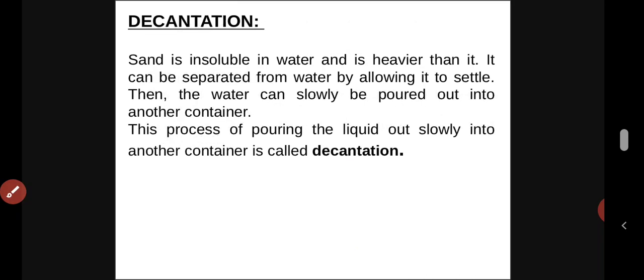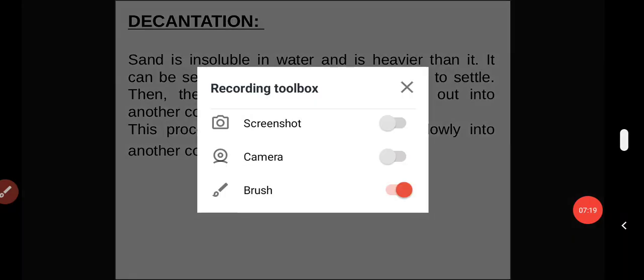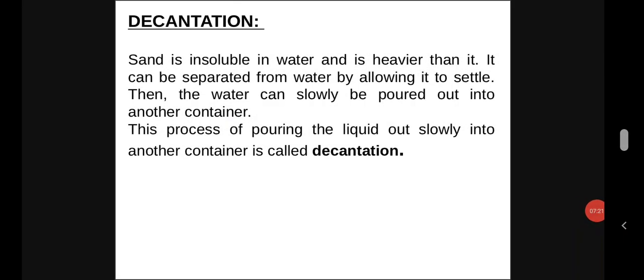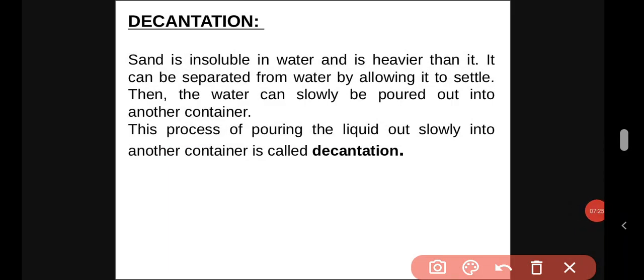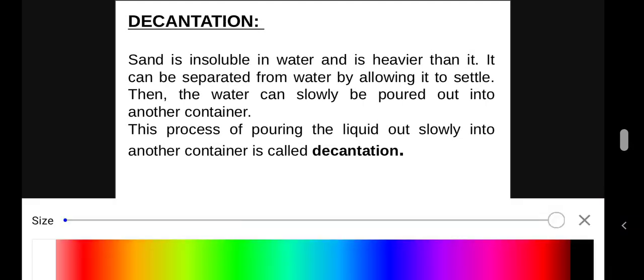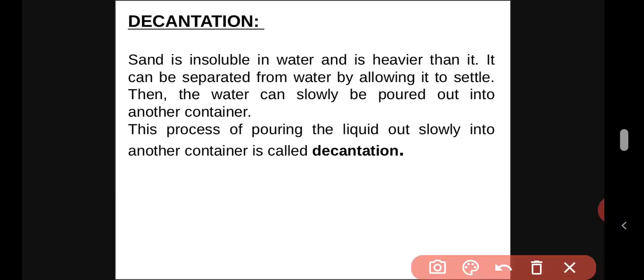Now the next process is called decantation. Sand is insoluble in water and is heavier than it. It can be separated from water by allowing it to settle. In this case also, we make a container.